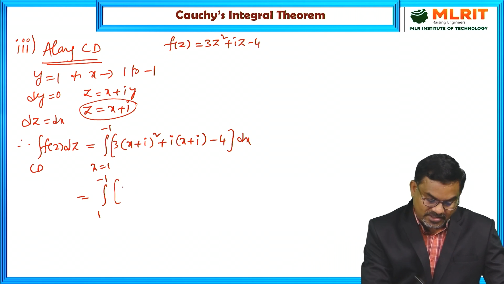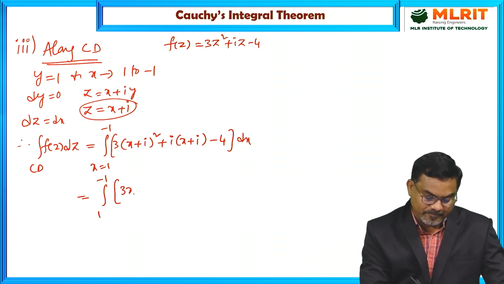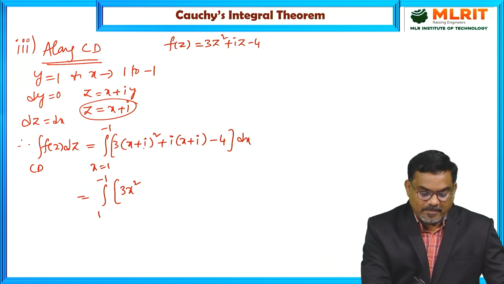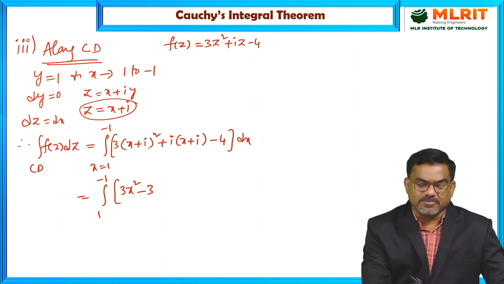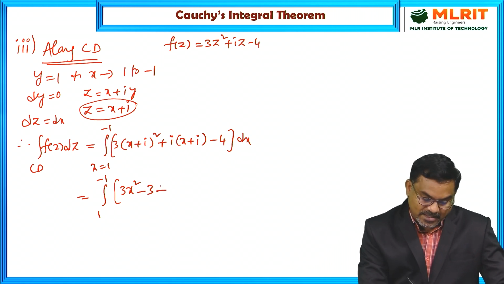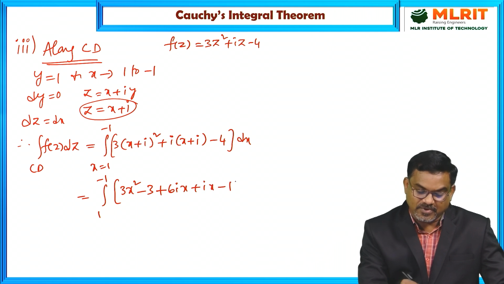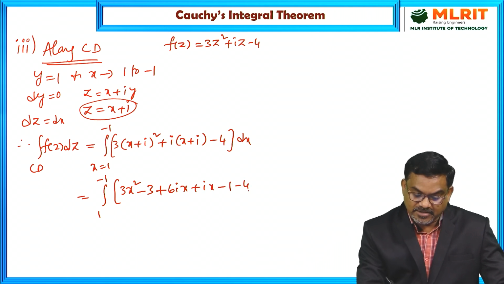Let us simplify this. 3x square minus 3 because i square is minus 1, plus 6ix plus ix minus 1, i square is minus 1, minus 4.